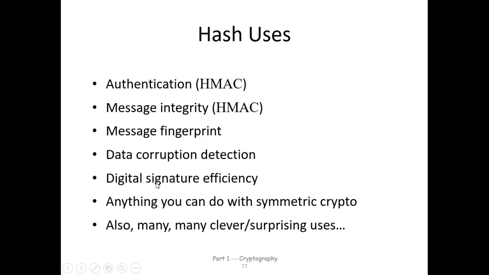Then next we have digital signature efficiency. While sending very important documents, such documents can be sent by digitally signing them. So digital signature facilities will also be provided by this hash.